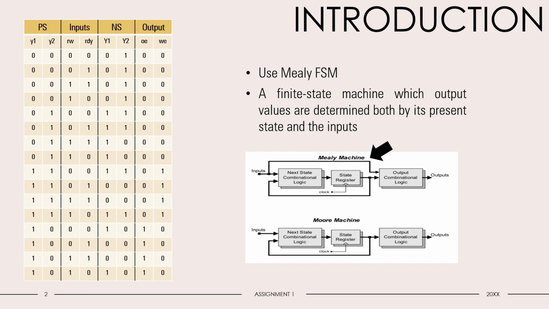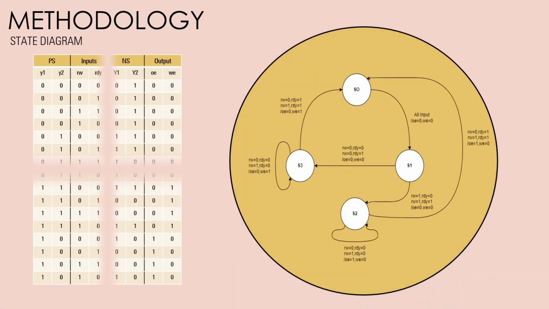Okay, let's go to the methodology. From the truth table, based on the bits of the present state, we can have 4 states: S0, S1, S2, and S3. Let's look one by one.